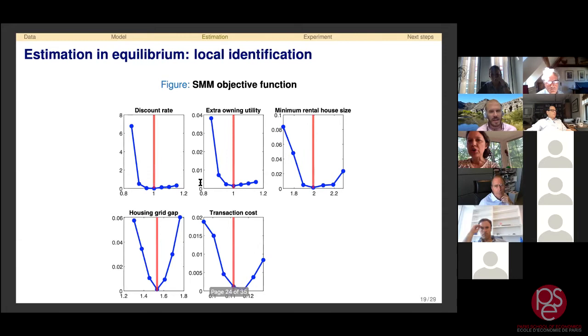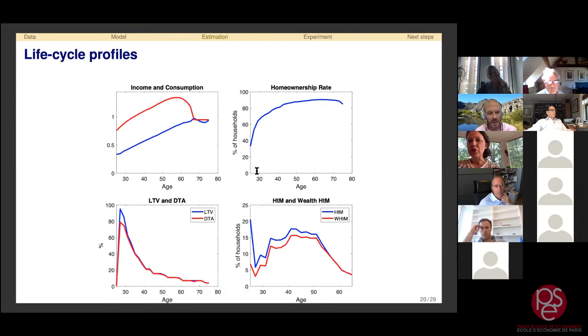So then what we do is we plot some life cycle profiles. There should be the data profiles overlapped on this, but I'll tell you, we do a pretty good job in matching this.